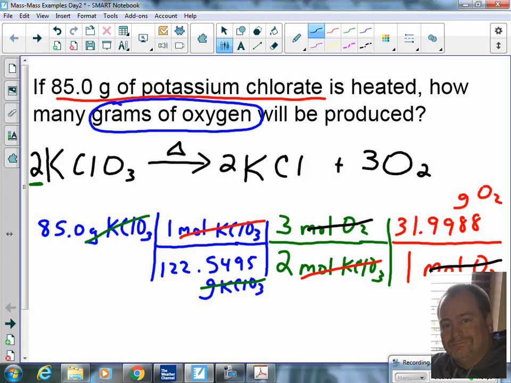So what is my final answer gonna be in? Grams of oxygen. Is that what I was trying to find, Garrett, when you told me what my unknown was? Absolutely. So, now all you need to do is to plug the numbers into the calculator and get your answer. So go ahead and do that so we can make sure that we're plugging our numbers in right.